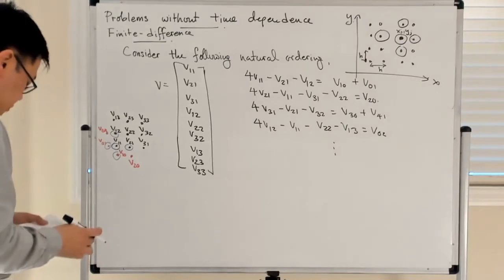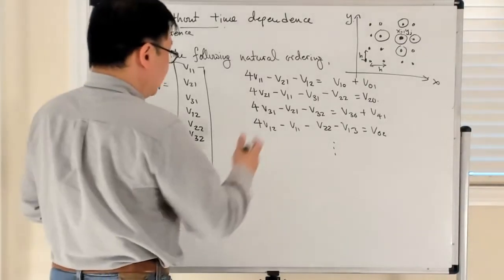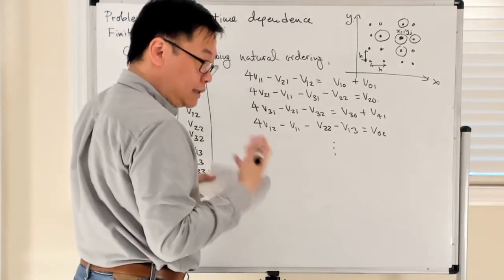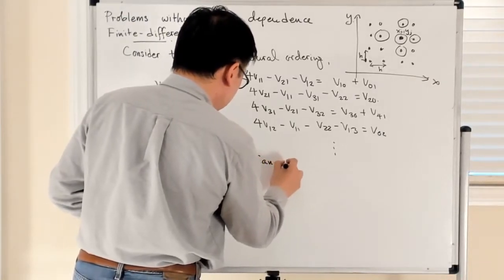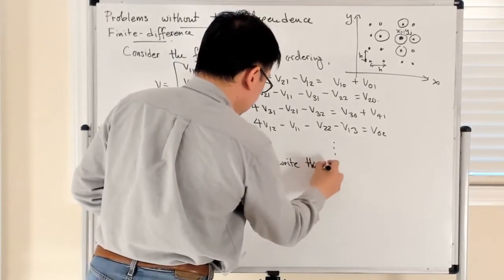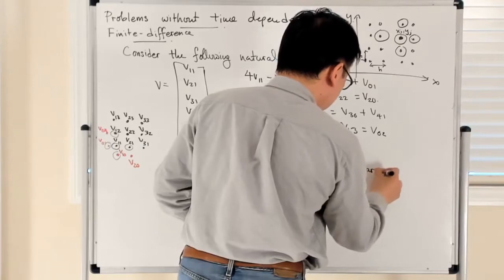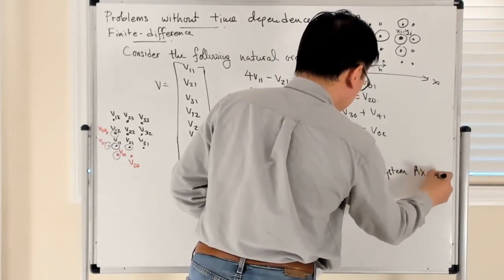So in any case, what happens is that you end up getting a system of equations which can be written as a linear system. So you can write this as a linear system, Ax is equal to b.